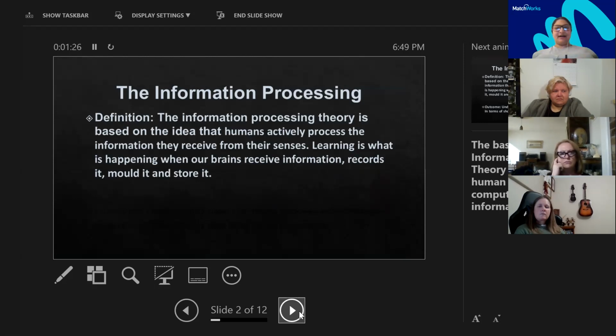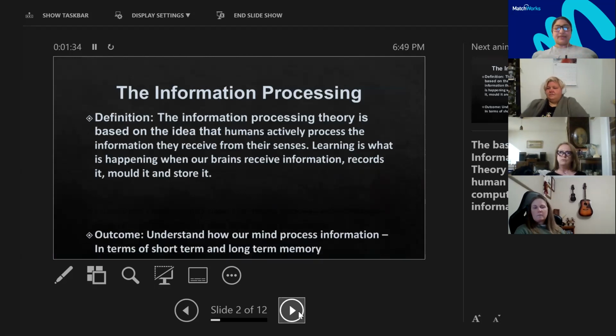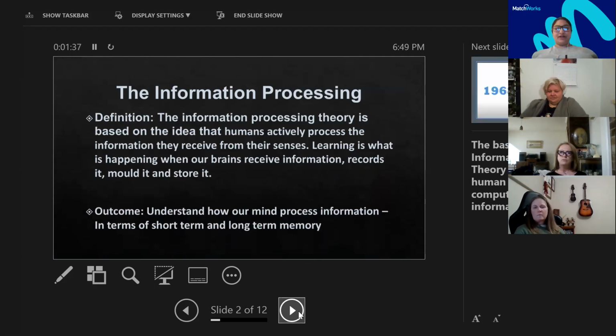So the basic idea of information processing theory is that the human mind is like a computer and an information processor. By the end of the session, the outcome I am aiming for is for everyone to understand how our mind processes information in terms of short-term and long-term memory.